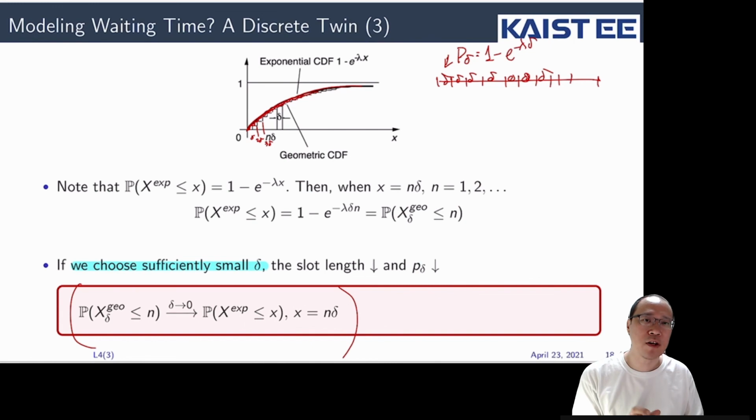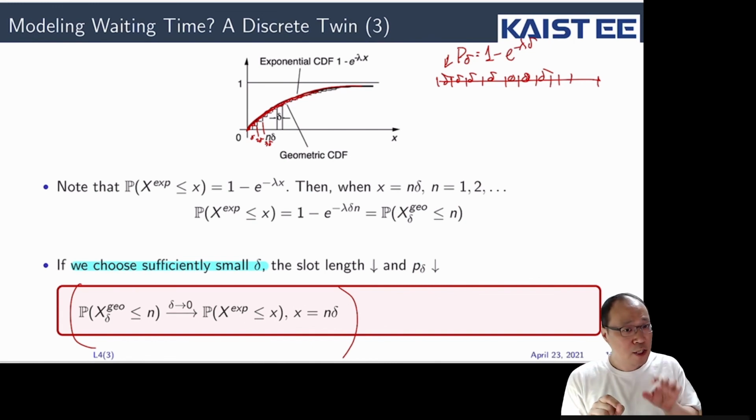That was my construction of the success probability. If we construct the geometric random variable like this, then as delta goes to 0, this delta-parameterized version of the geometric random variable converges to the exponential random variable with parameter lambda.